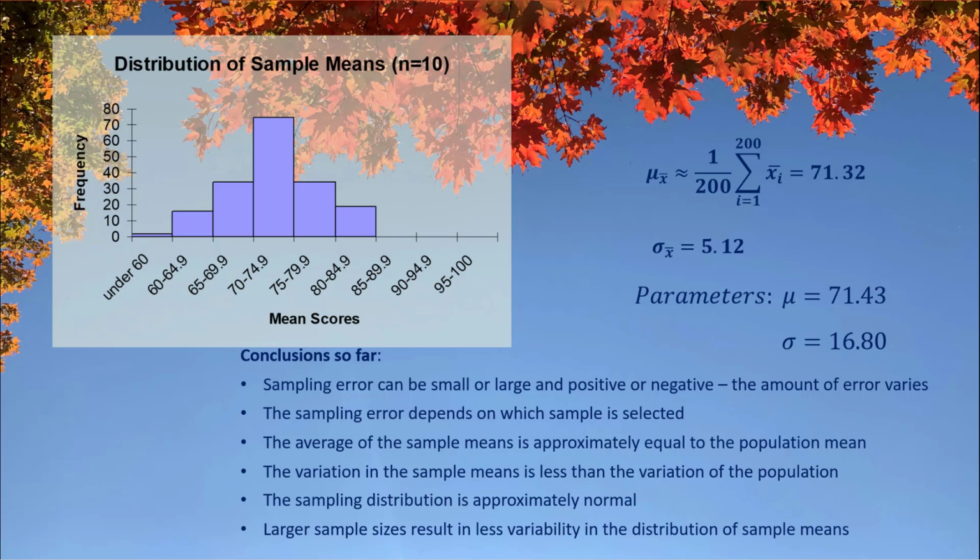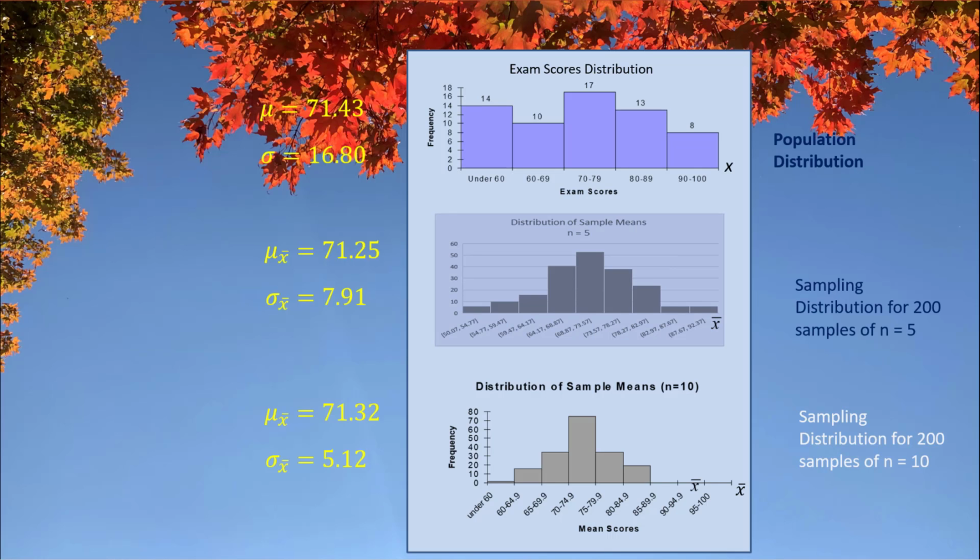So we can come up with the idea that larger sample sizes result in less variability in the distribution of sample means. And here we have a summary. Put all the information together and we can compare them.